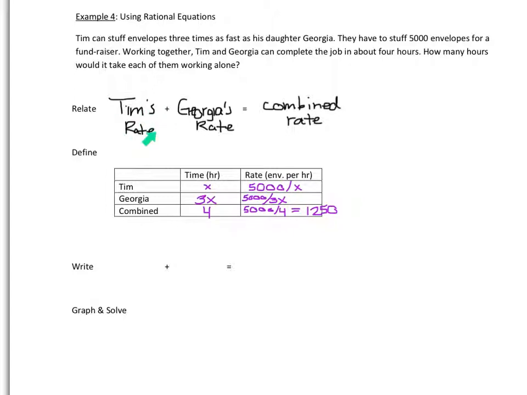So let's fill in this with what's here. Instead of Tim's rate, let's write 5,000 divided by X here. Then we'll do George's rate and then their combined rate.